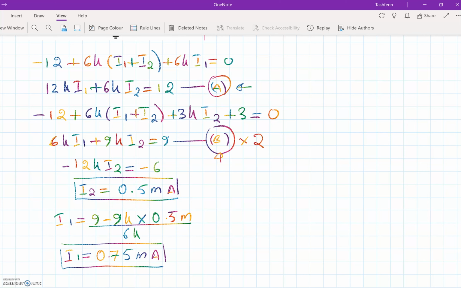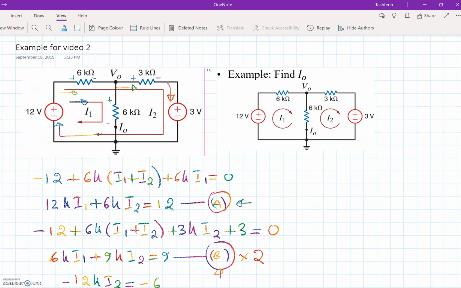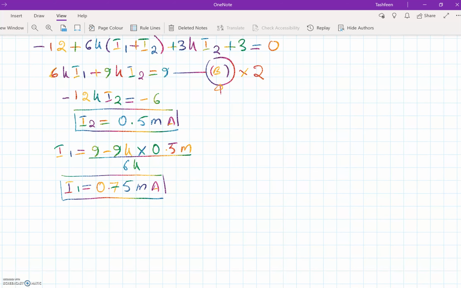So remember, our job was to find I0, not I1 and I2. But it turns out that this I0, the way we selected the loops this time, is equal to I1, because I2 is not going through it. There's only one current going through this one, which we found out is I1, and I1 is equal to I0, which means our I0 in this case is 0.75 milliampere, which is exactly what we got last time, right?